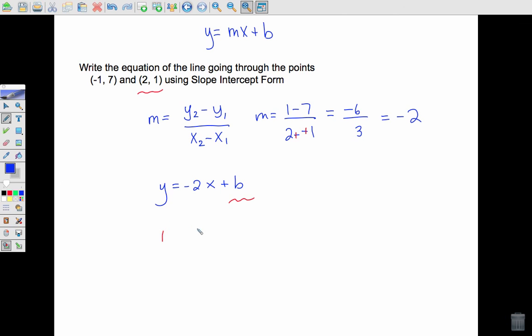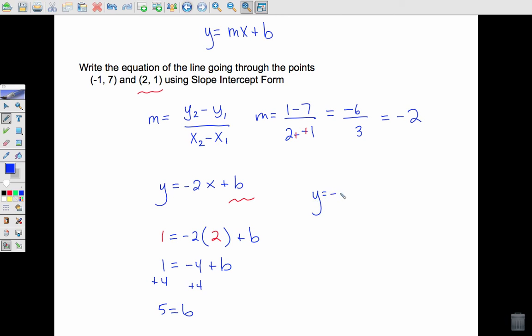Okay, so y is 1, and then I have -2 times x is 2 plus b, and then I'm just going to solve for b. So 1 equals -2 times 2 is -4, and then I just want to isolate b, so add 4 to both sides. And we find that b is 5.